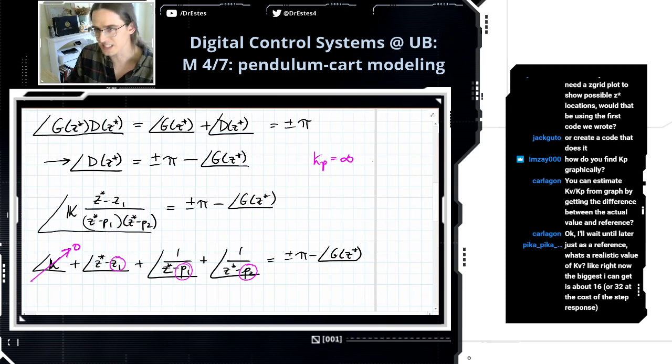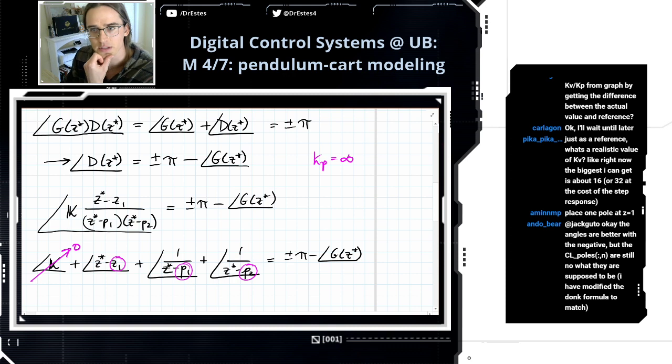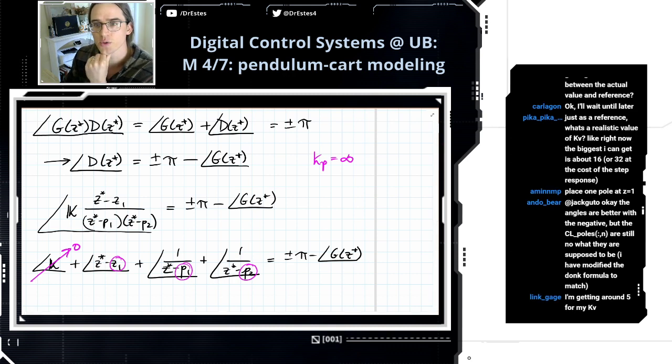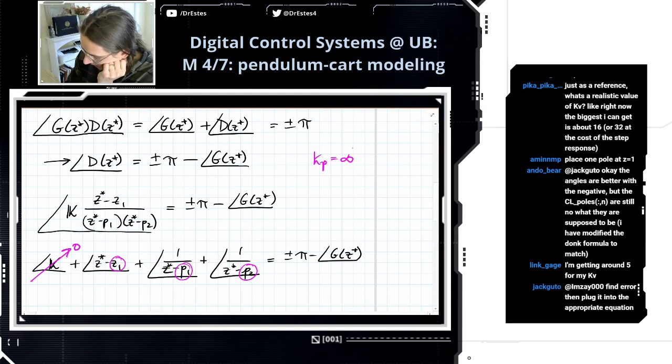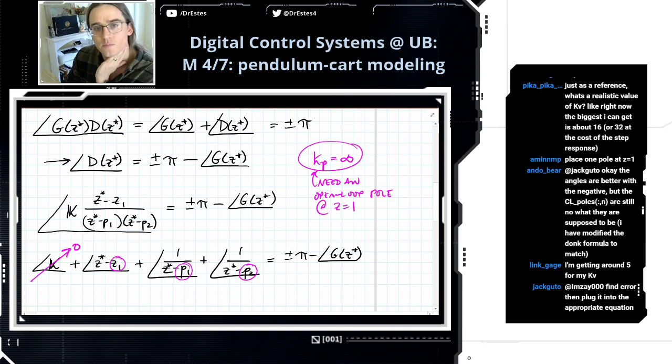This means that your steady state error for a step reference is going to be 0. You're going to have 0 tracking error for a step. The only way that you can have this is you need an open loop pole at z equals 1.